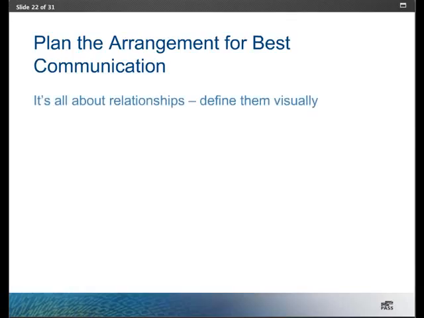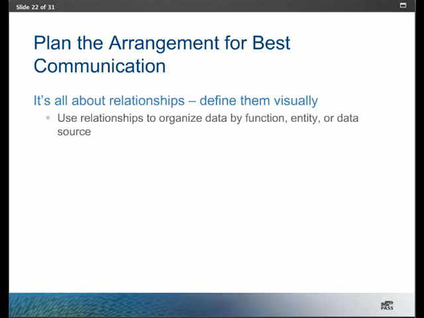It needs to be relationships, and if there are things that are not necessarily connected, but it's important information to see, then you can use visual techniques to group them. But we want relationships to organize our data. That could be by function, by entity, or by data source, but think about what's related, group those things together, and create white space or borders or something to separate them visually from other things. That's how we can distinguish our groups.